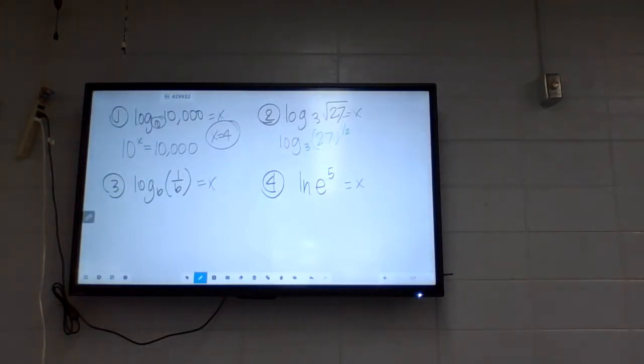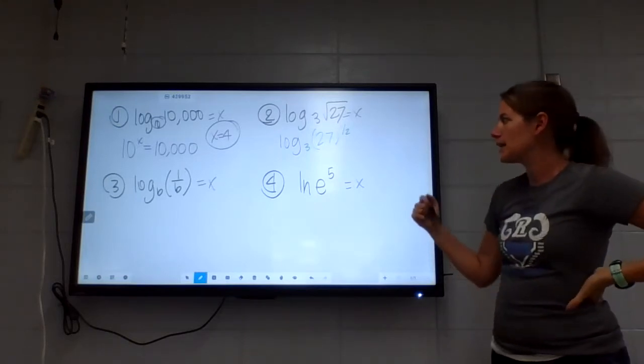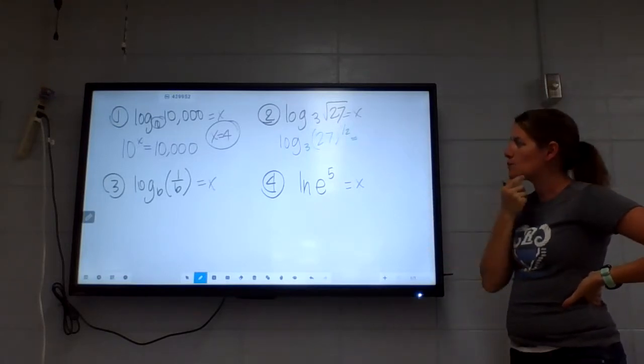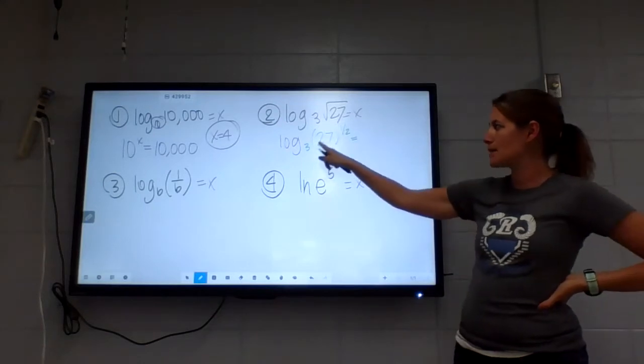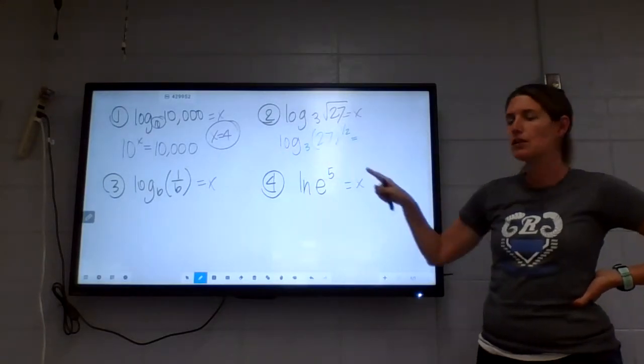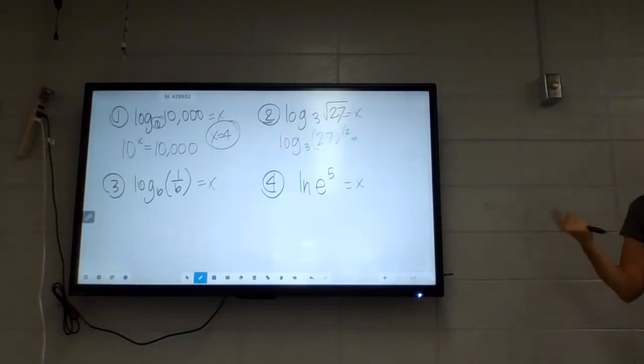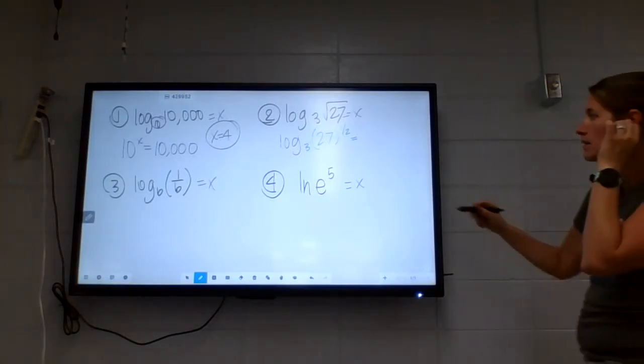That doesn't seem much more helpful. What I want you guys to get at here is that I really want the log base and this number to match. So I want to rewrite 27 in a way with a different power, like with a base of 3. And if you check, 3 to the second is 9, 3 to the third is 27.